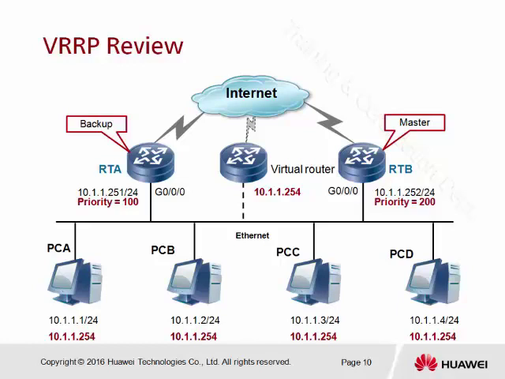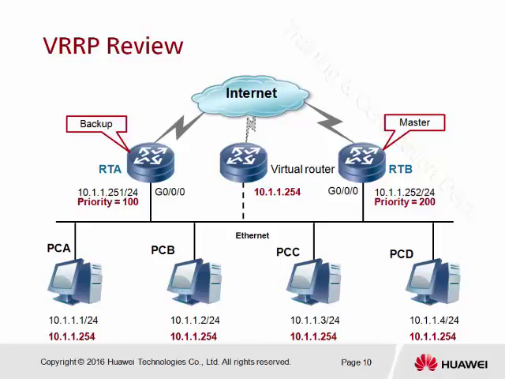In VRRP technology, the default priority is always 100. The highest value that we set for the priority will be the most preferred. In the middle, you can see they have one virtual router, and this virtual router is going to use 10.1.1.254.